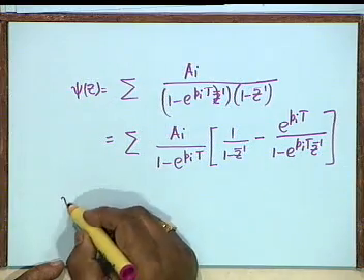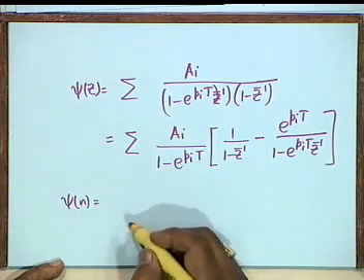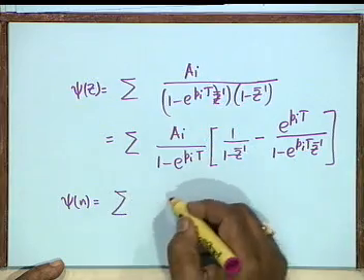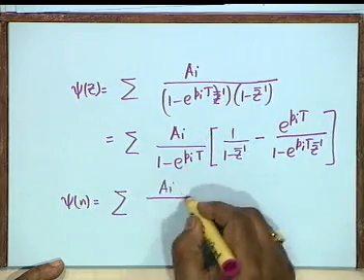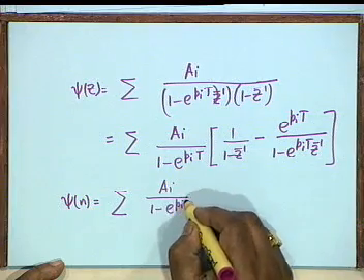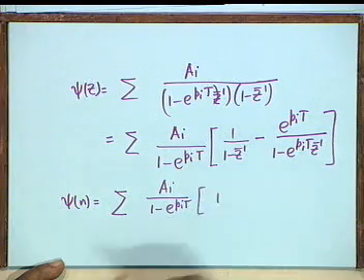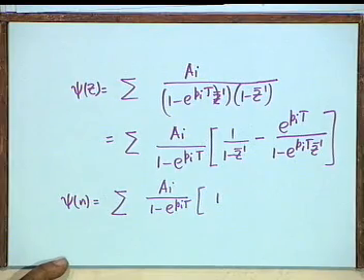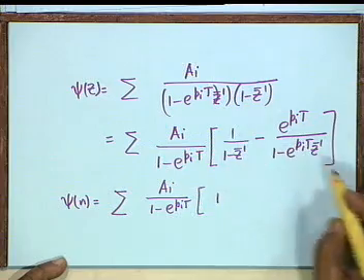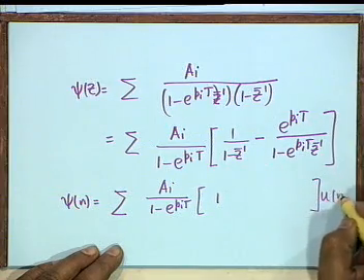So, what remains is to find the inverse transform of this. That would obviously be A_i divided by 1 minus e^(p_i T). The first term is 1, this is a unit step, so I shall multiply by u(n), of course.